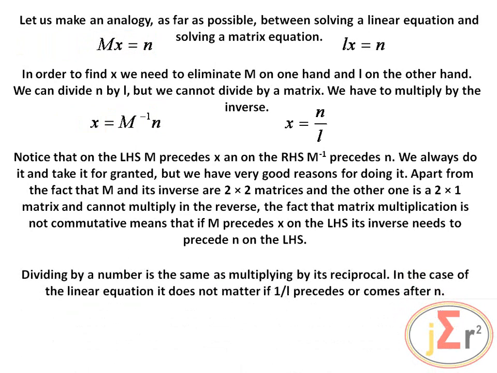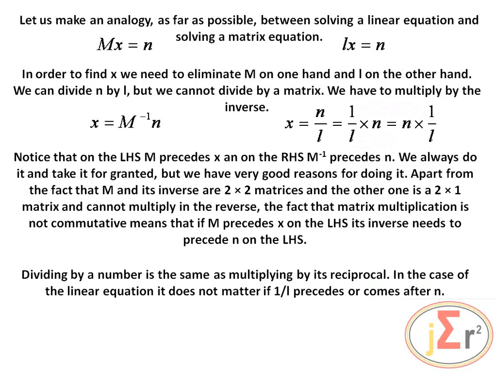Dividing by a number is the same as multiplying by its reciprocal. In the case of the linear equation, it does not matter if 1 over L precedes or comes after N. So it does not matter if we put 1 over L here or 1 over L on the other side. It does not matter how we do it, because we are talking about a linear equation.